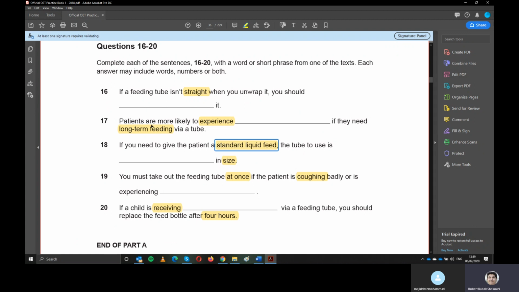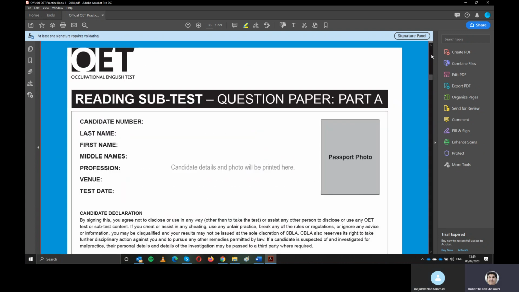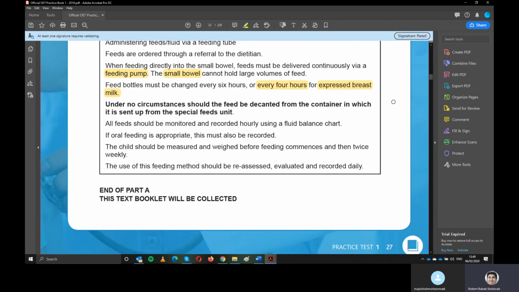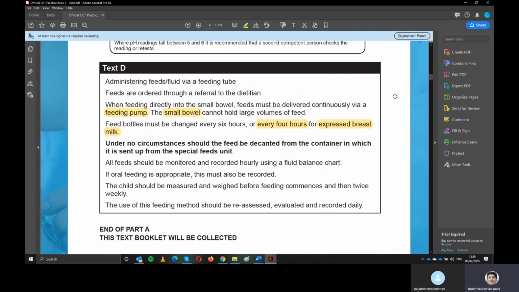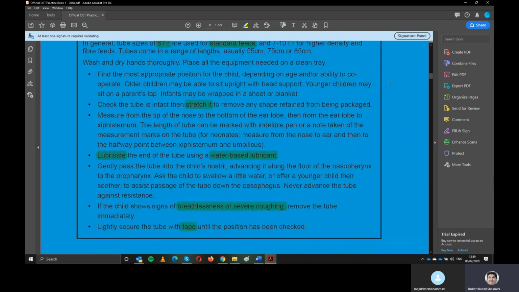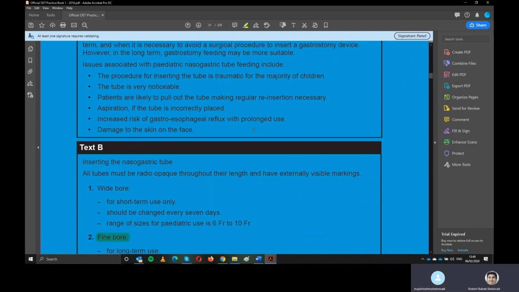What are they more likely to experience? I have a feeling it might be here.